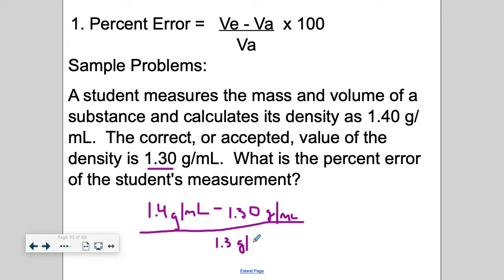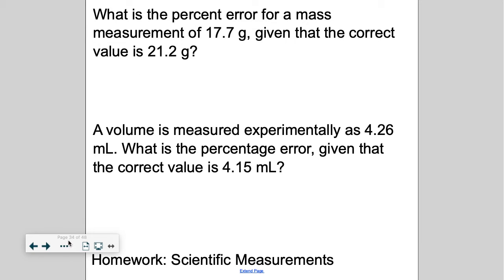The units will completely cancel, thus the percent error is a percentage. So 1.4 minus 1.3 divided by 1.3 times 100 is 7.7%. Okay, so that's percent error. We've done that multiple times already in this class, and even in biology.